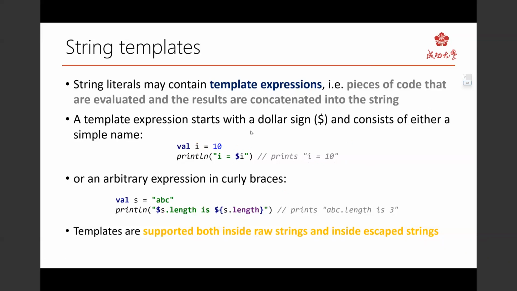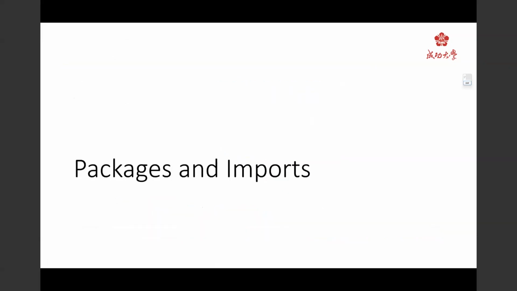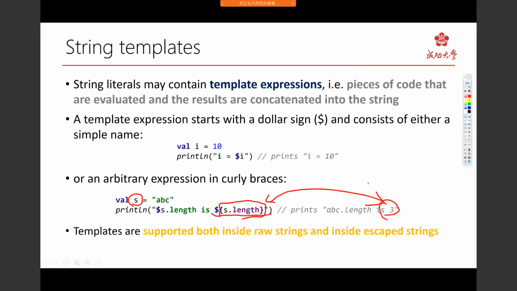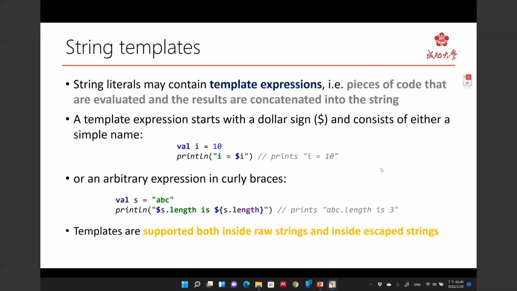Similarly, when the compiler sees this, it is going to evaluate the expression inside the curly braces, and the expression inside the curly braces is s.length, which basically means the length of this string. That's why you're going to see abc.length is 3 on the screen. So that's an example of a template expression.